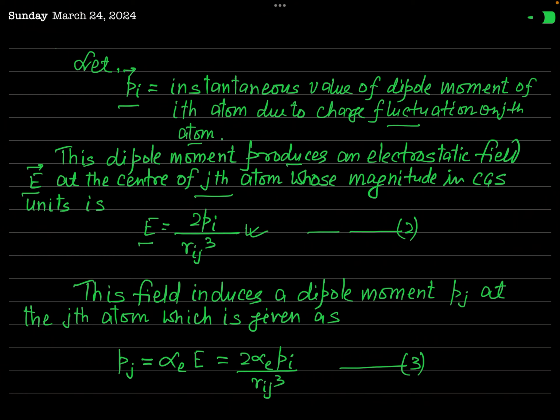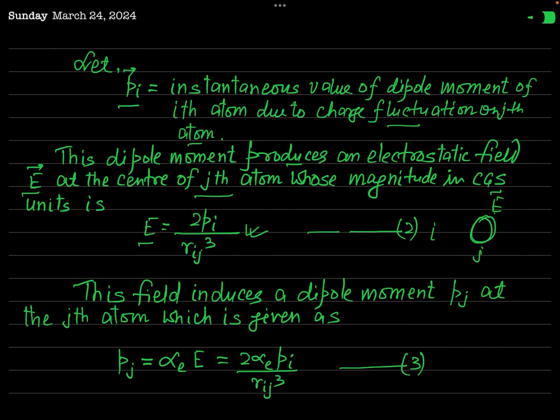Now you can see our second atom, that is the jth atom, finds itself in an electrostatic field E, and that electrostatic field is produced by the ith atom. So this electric field E induces an electric dipole moment in the jth atom.